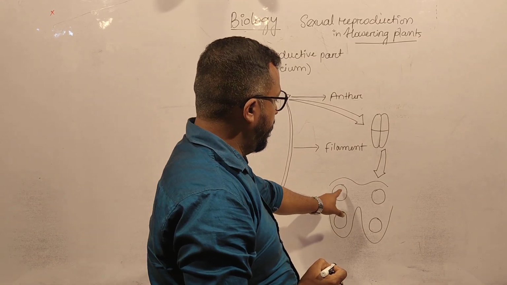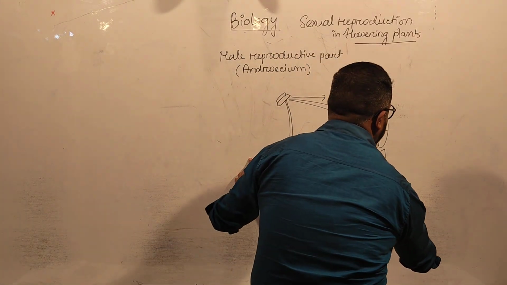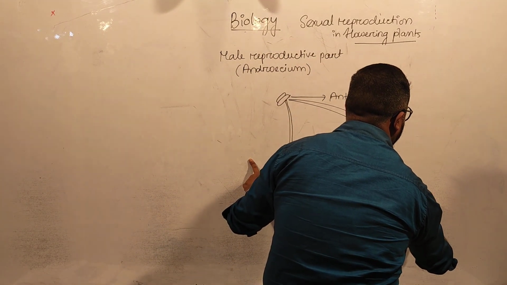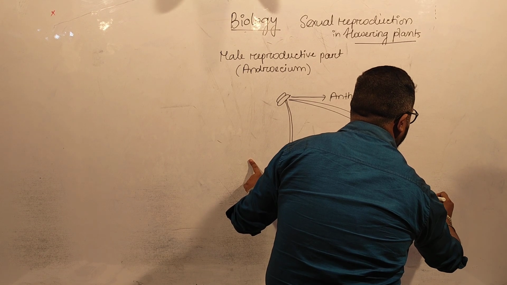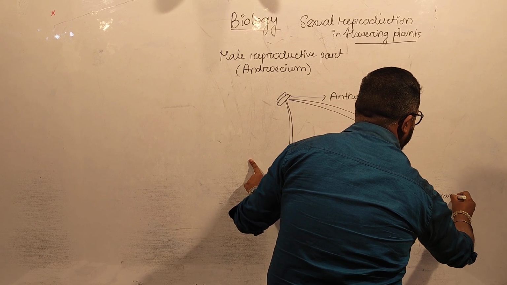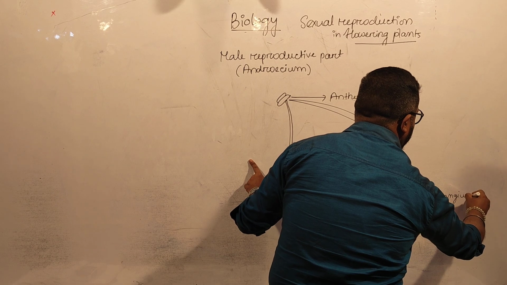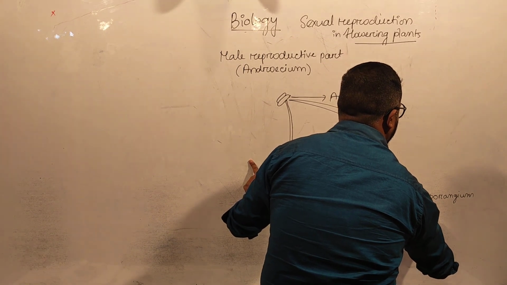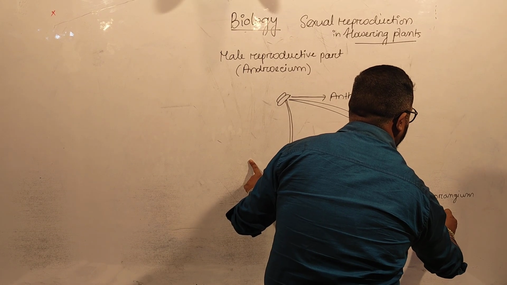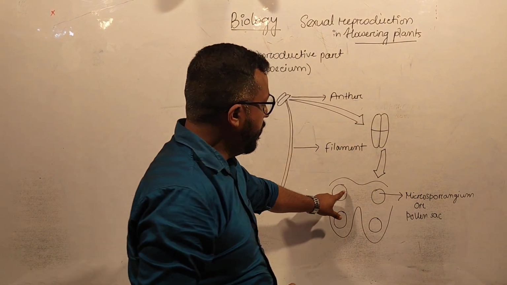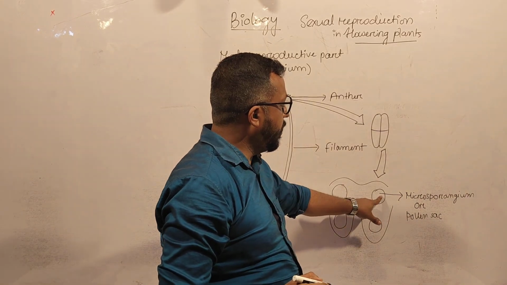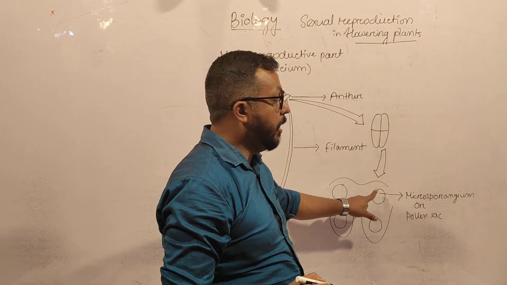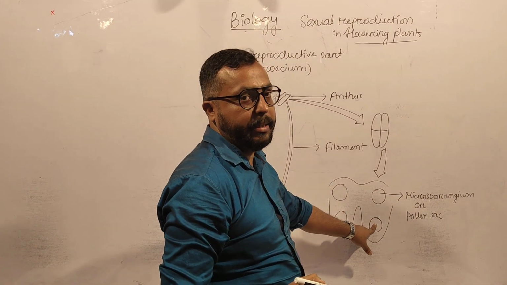So what are these? These are microsporangium. Another name for microsporangium is pollen sac. So what are these? These are the pollen holding part of anther.